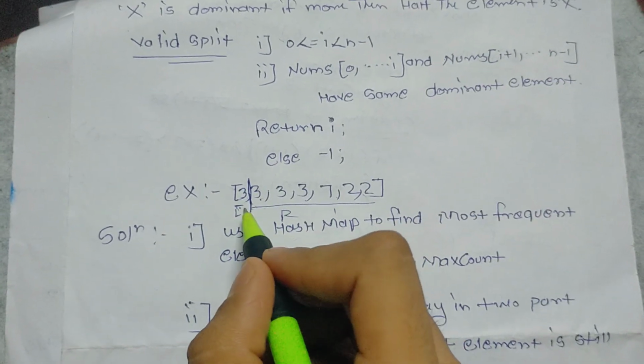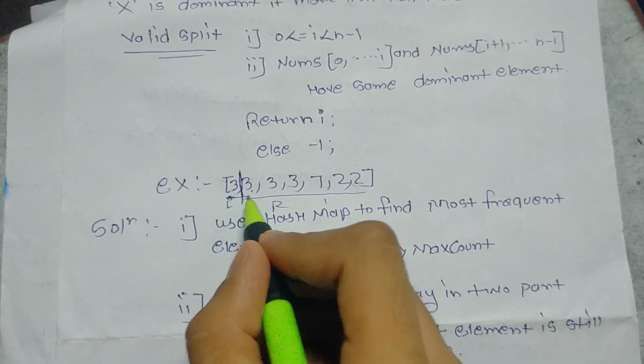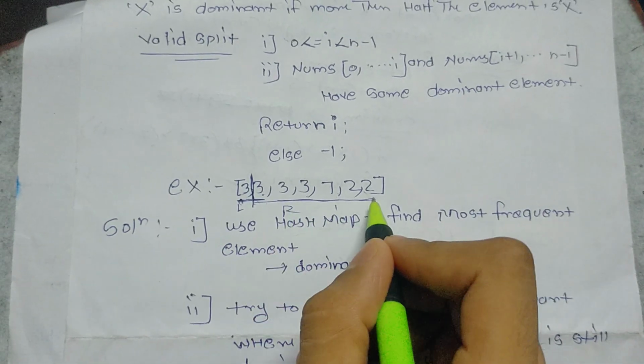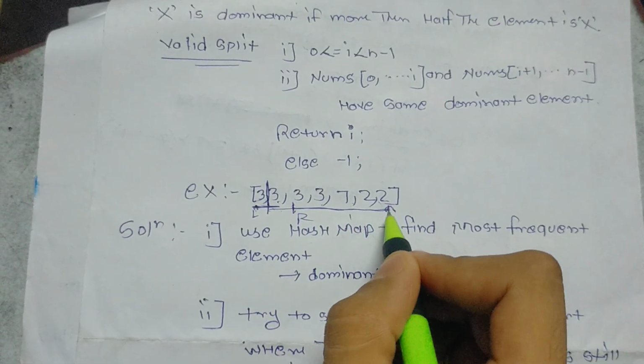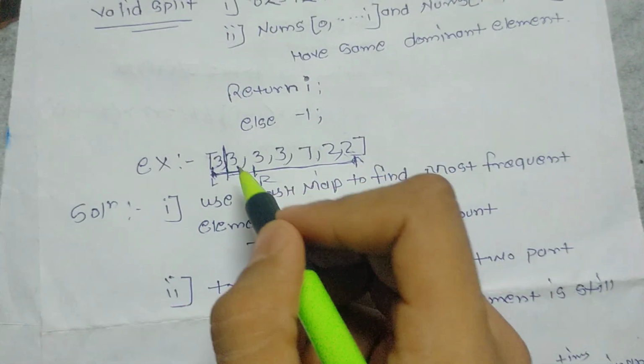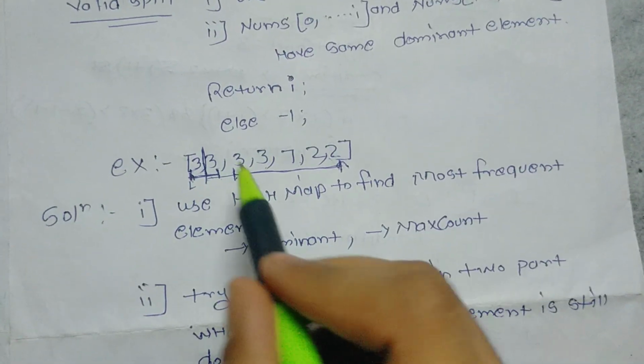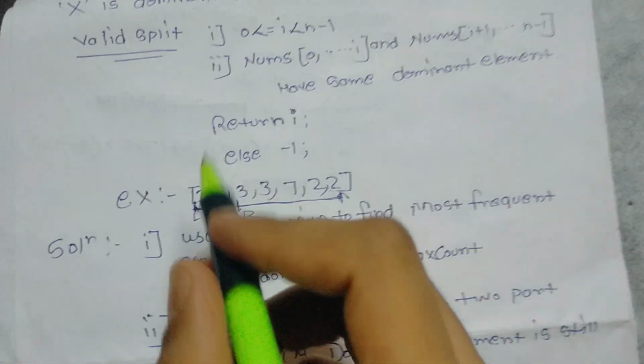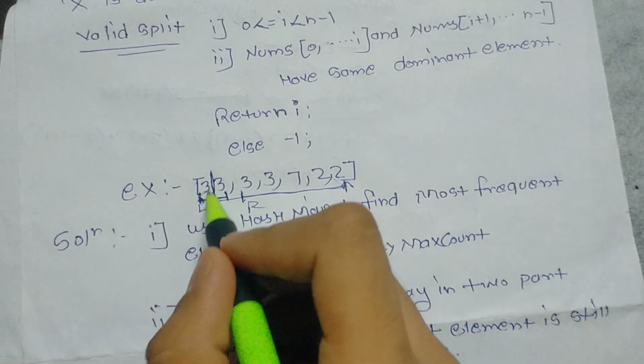So what if the split shifts, so the left array extends to here and the right is from here to here? Let's count again. Now in the left side the dominant element is 3, right?